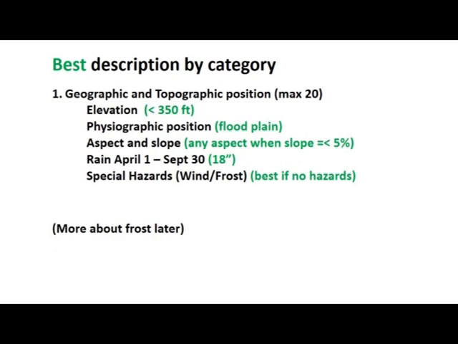Aspect and slope, and as you might guess, the best sites are going to be ones that are fairly flat and have good rain in the summer. So 18 inches of rain from April 1 to September 30th is actually quite a bit for this area. So it's the sites that are going out a little bit more toward the coast, picking up that summer precip. Special hazards, it's best if there are no hazards.